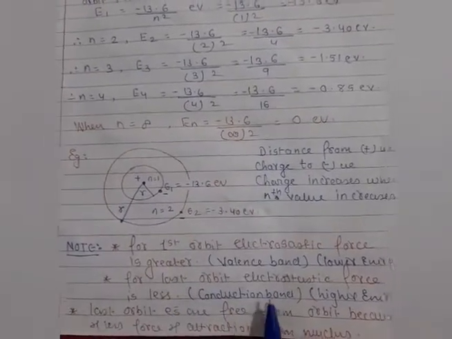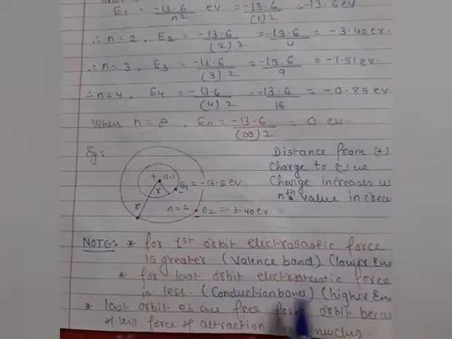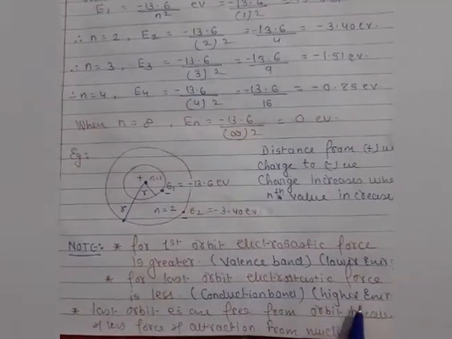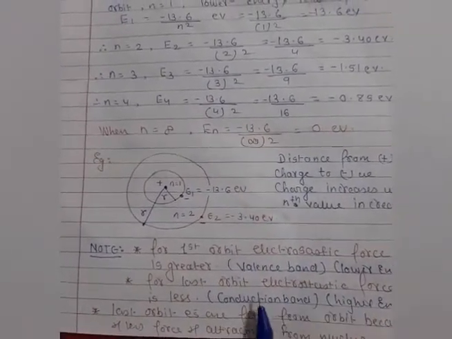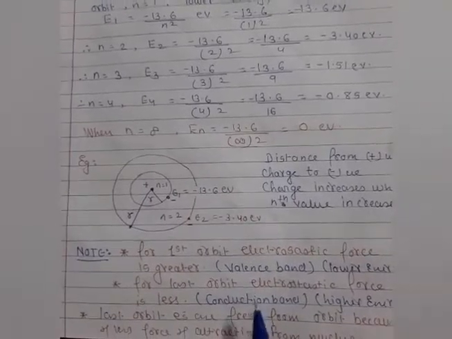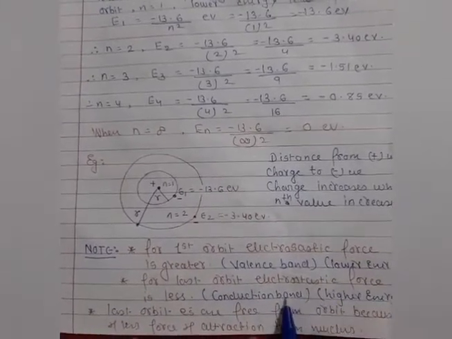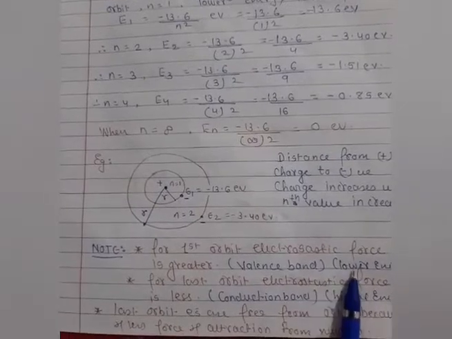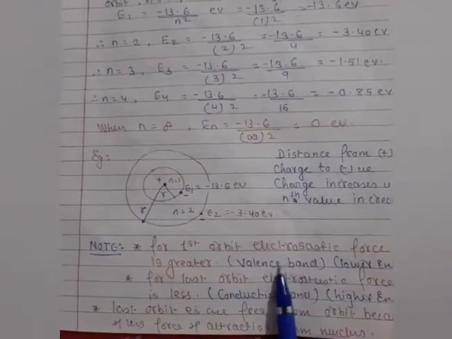So at the higher energy level the electrostatic force decreases, and the higher energy level of the electron we can consider the conduction band. All these notes are very important. I will explain why the higher level is called the conduction band and why the lower energy is called the valence band.